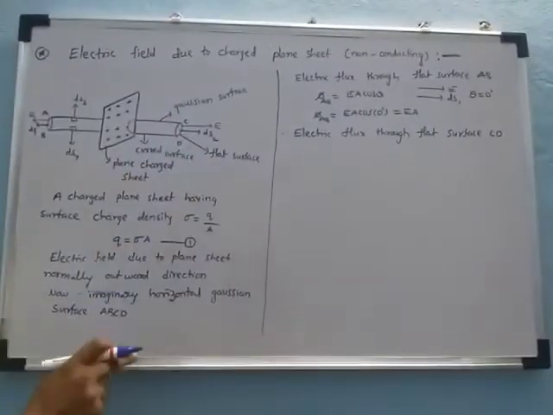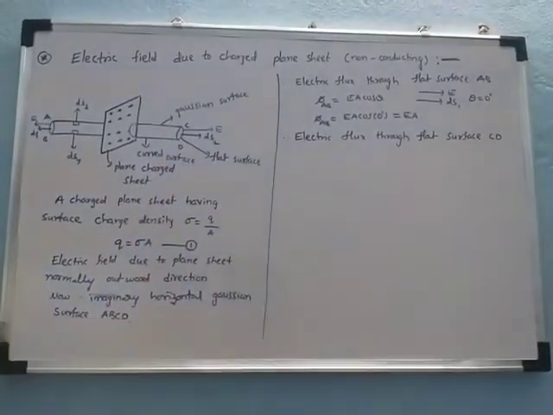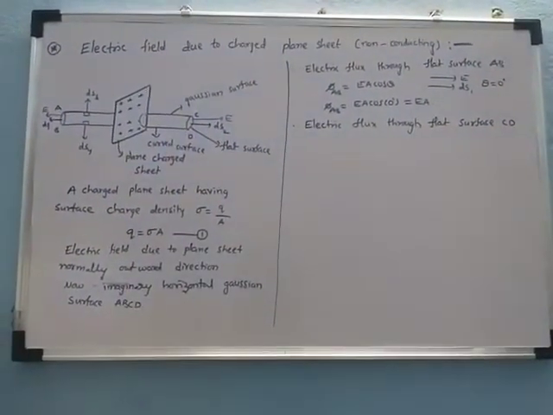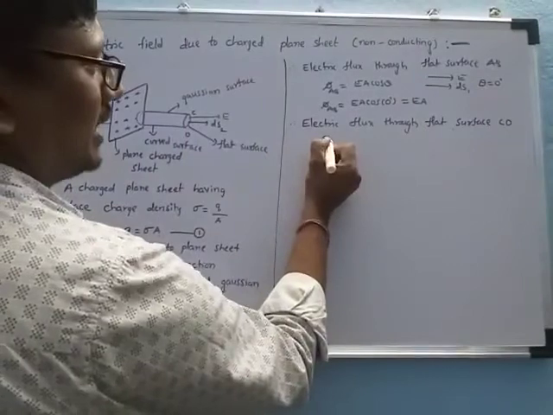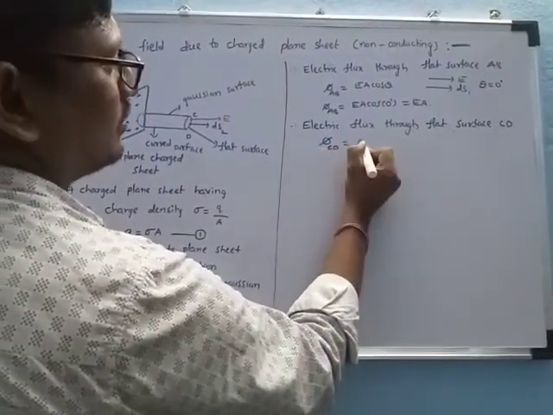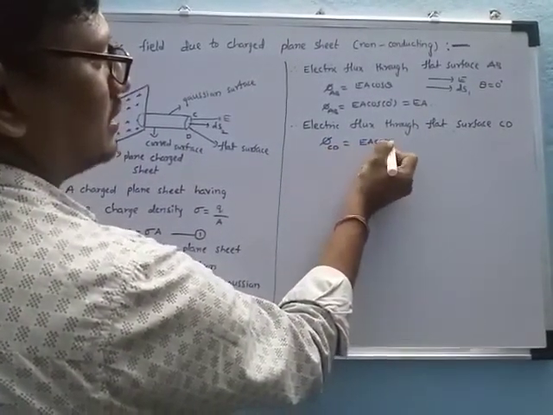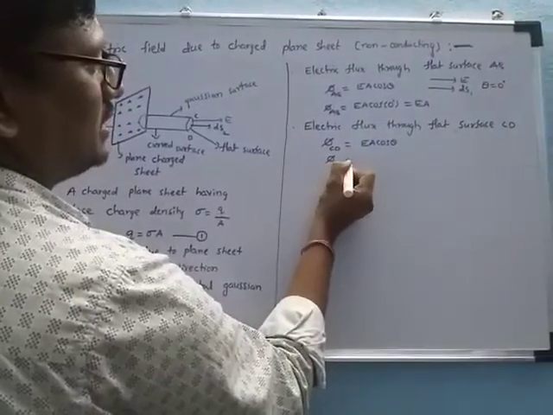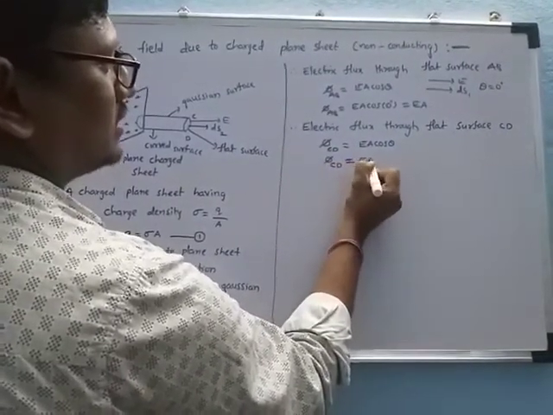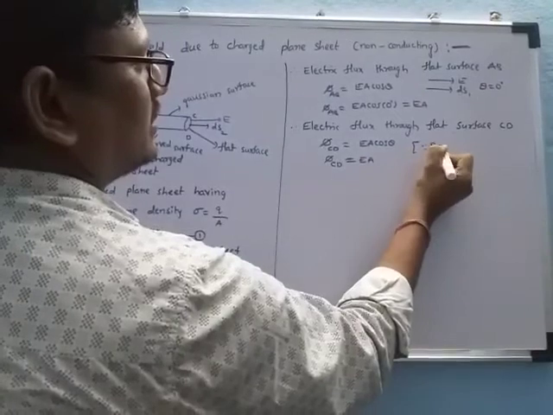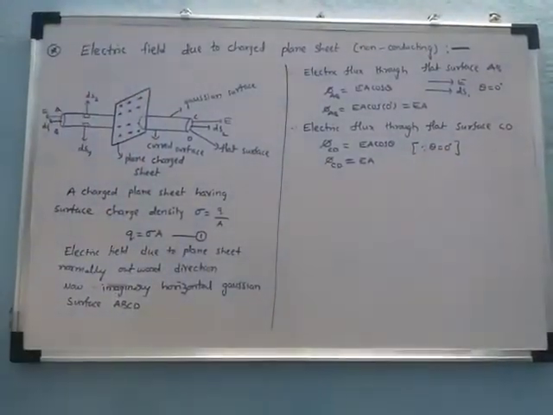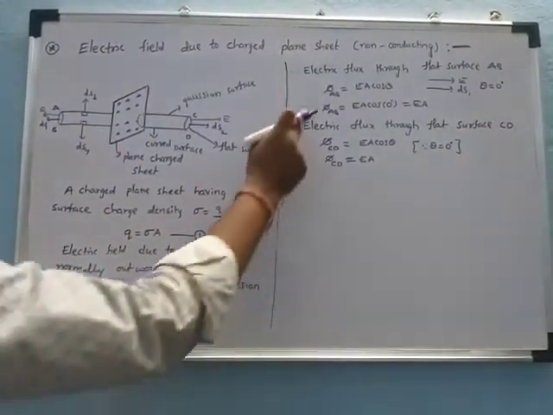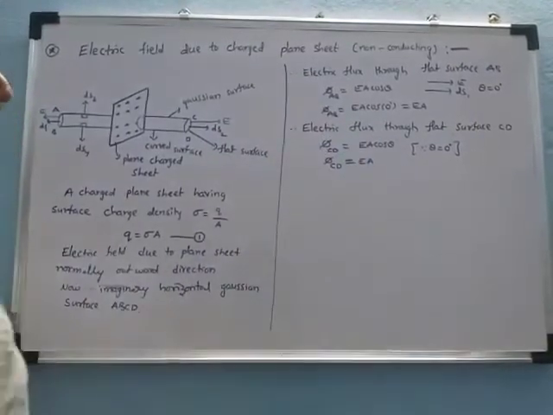Here also the electric field and the area vector are in the same direction. So phi CD is equal to EA cos theta, and since theta is 0 degrees, phi CD is equal to EA.